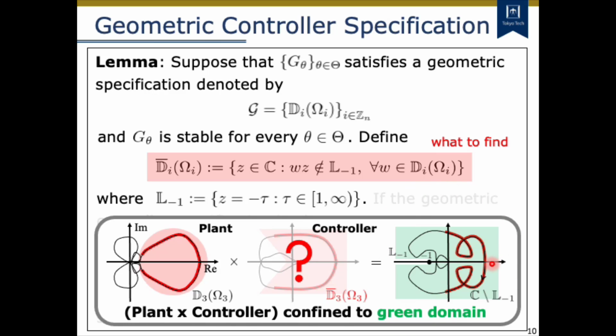This green domain can guarantee the internal stability of resultant feedback systems for all possible plants and controllers. Clearly, what we want to find is this domain Di bar corresponding to the domain of controllers.